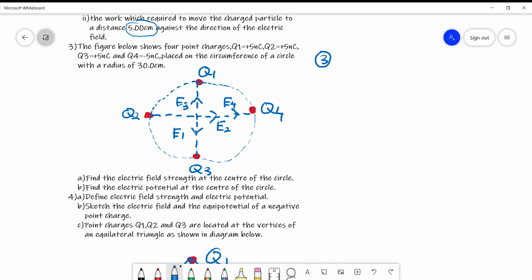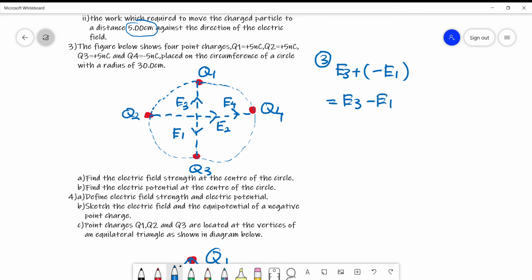After determining the direction of the electric field, since the magnitudes of the 4 charges are the same, I can conclude that E3 and E1 are in opposite directions. So the net is E3 minus E1.